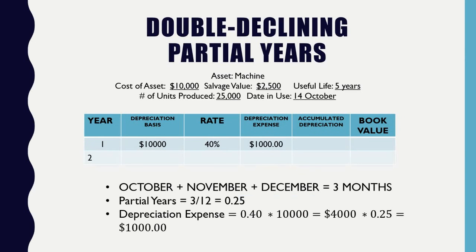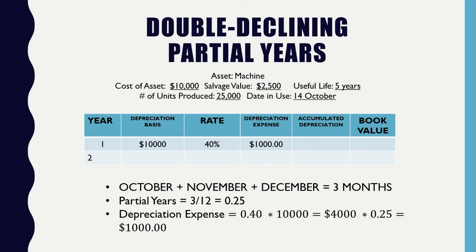The calculation here is 3 months out of 12, because this is for 1 whole year. So 3 divided by 12, which we know to be 1/4, or also known as 25%.